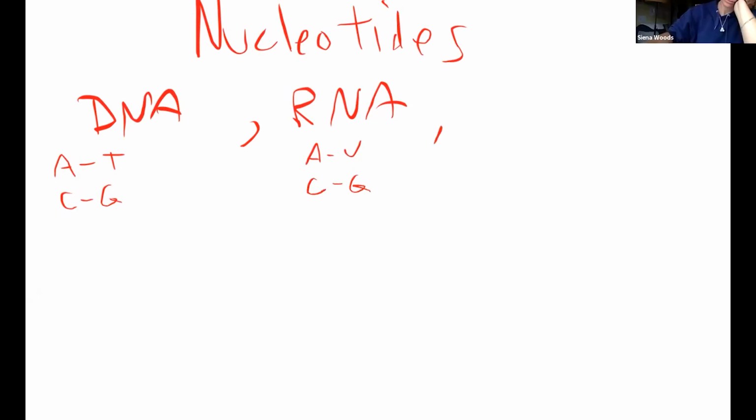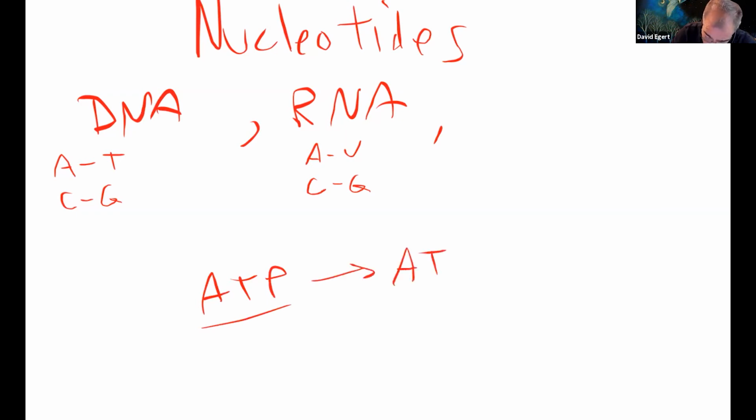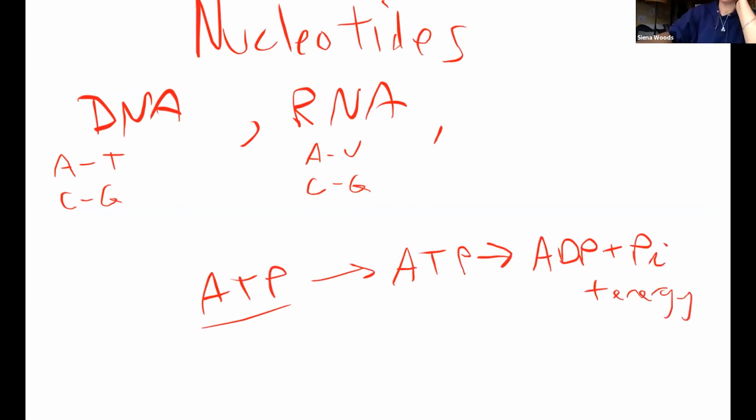The ones that will be used more in our class are ATP, the currency of energy in the body. And again, we're going to see ATP breaking apart into ADP plus phosphate, plus energy. ADP, diphosphate, has 2 phosphates. ATP, triphosphate, has 3 phosphates.